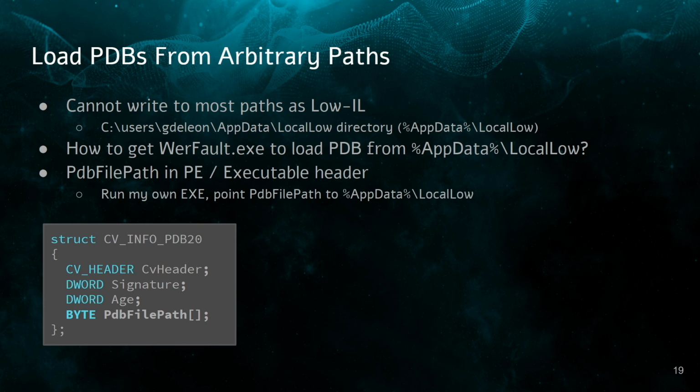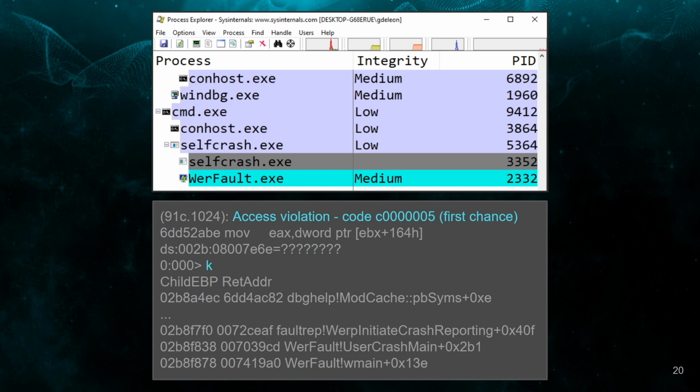And apparently DbgHelp honors that value, which means that given that I can run my own executable at low integrity level, I could set the PDB file path in that PE header to the AppData Local directory, and WerFault would load the PDB file from there. You can see it here in this snippet. In the Process Explorer snippet above, I ran self-crash at low integrity, and when it crashed, it spawned WerFault on medium integrity to handle that crash.